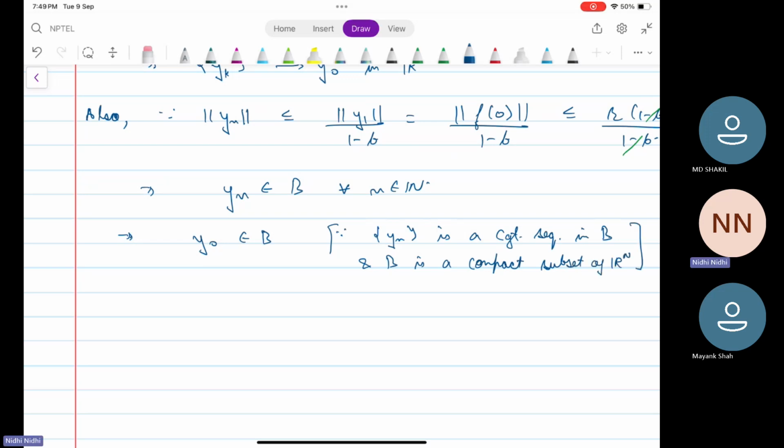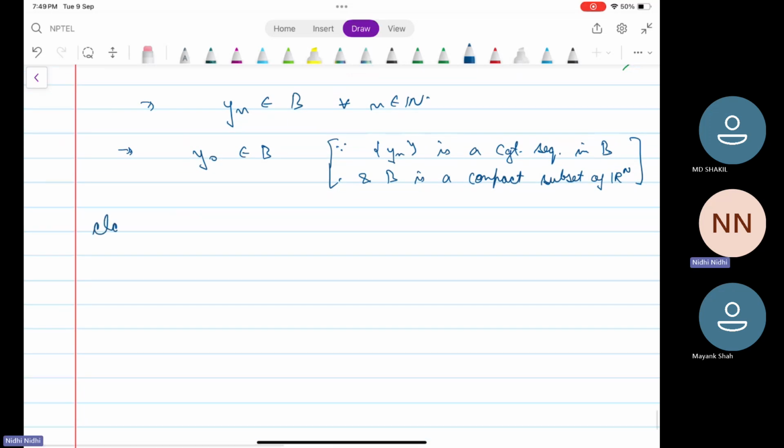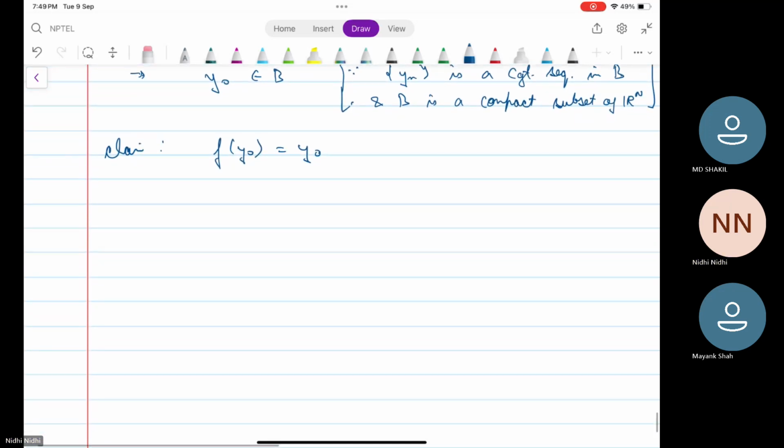So its limit will also be inside B. Now we claim that this y naught is the fixed point. That means f at y naught is equal to y naught. So this part is again the same.